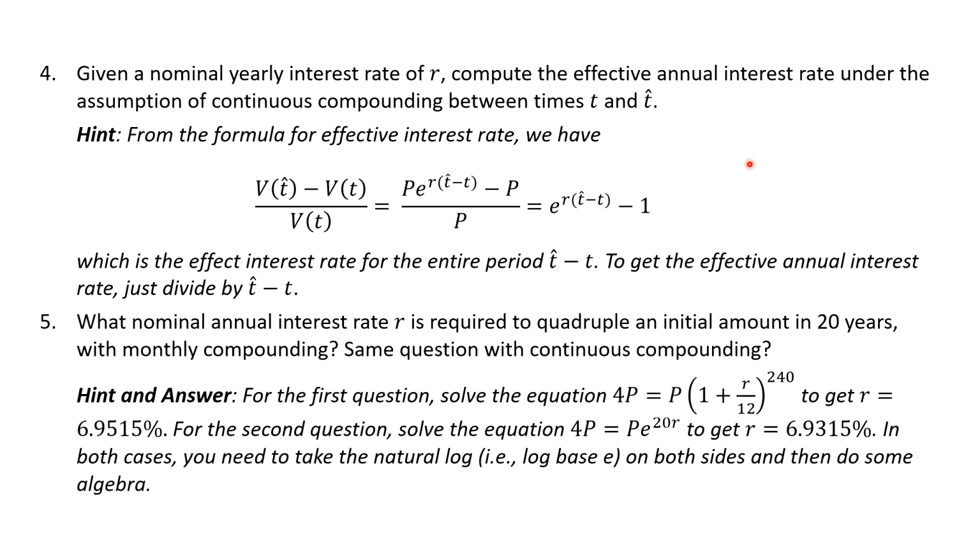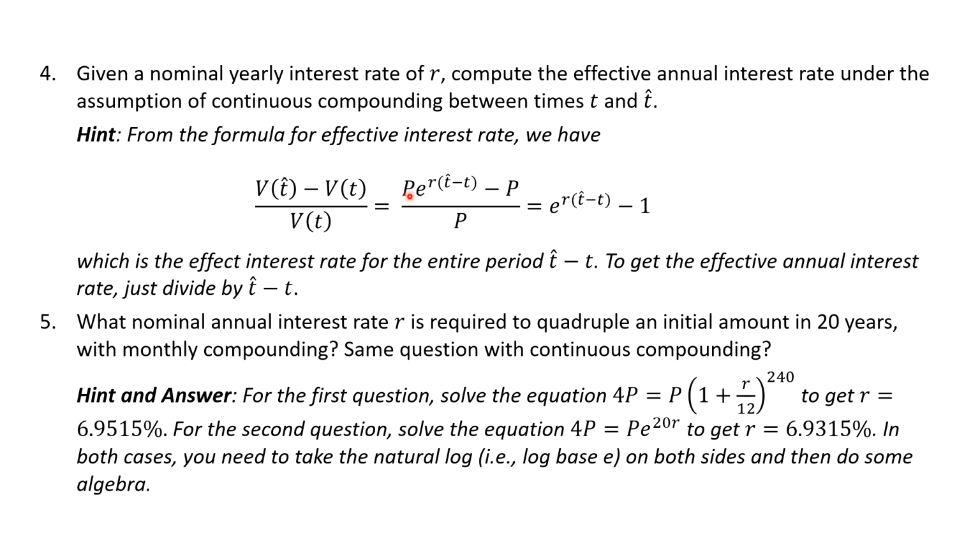Problem number 4. Given a nominal yearly interest rate of R, compute the effective annual interest rate under the assumption of continuous compounding between times T and T hat. This is from interest part 1. We had this formula for effective interest rate. This was the value at time T, which we'll just call P, and this is the value at time T hat.